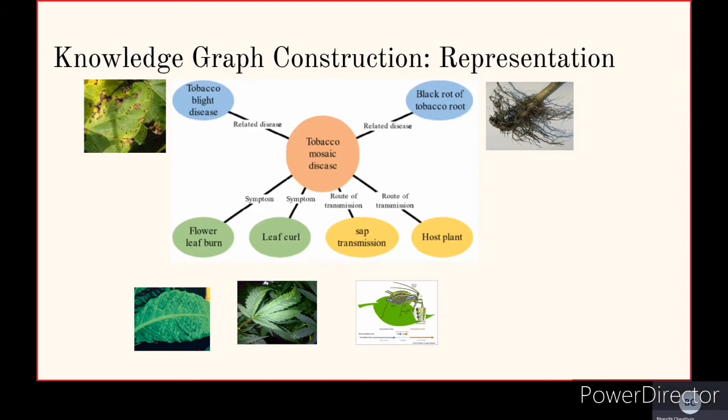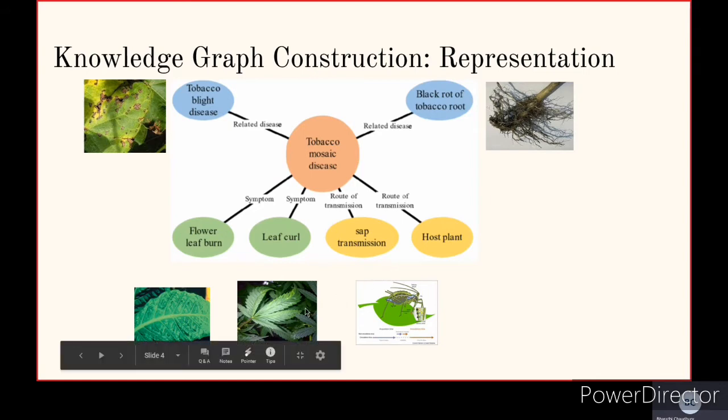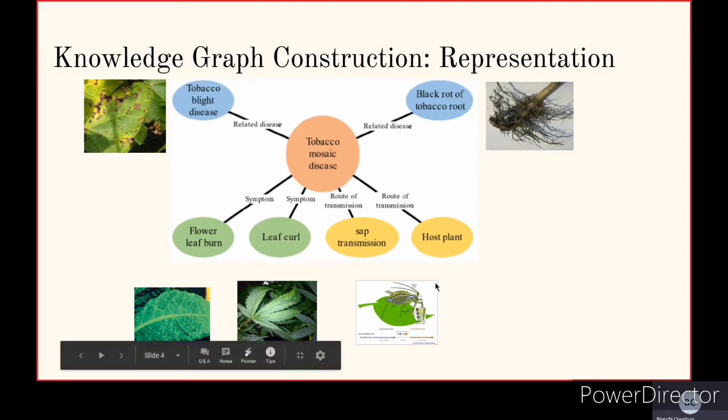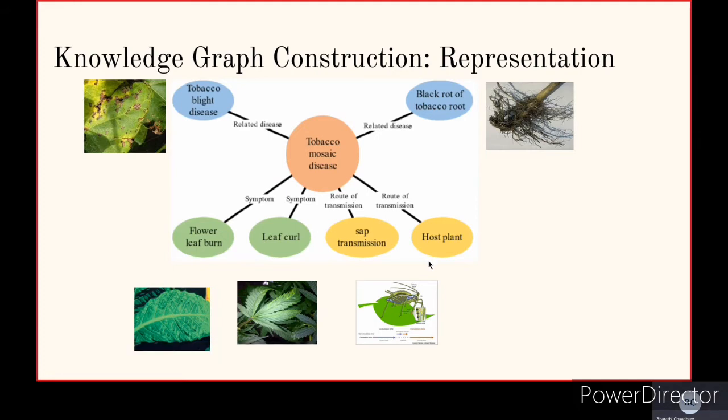This disease has symptoms of flower leaf burn and leaf curl, and the route of transmission of this disease is through the infected sap part of a plant, and this is transmitted through the host plant, meaning from the infected part of the plant throughout the plant this infection is transmitted. Related diseases are tobacco blight disease and black root of tobacco root.